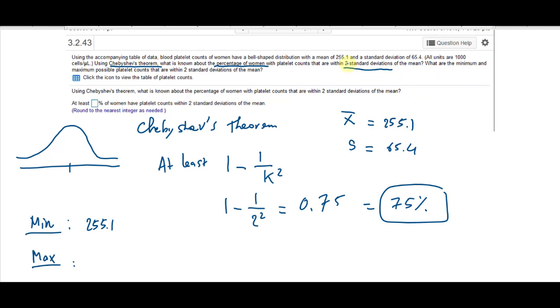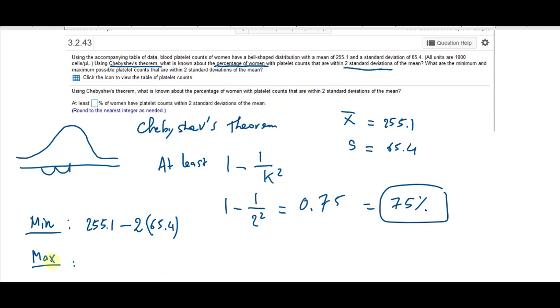Now we have two standard deviations. So in order to get to the min value, we go to the left side, two standard deviations. That means from the mean, we subtract 2 times the standard deviation, 65.4, to get the min value.